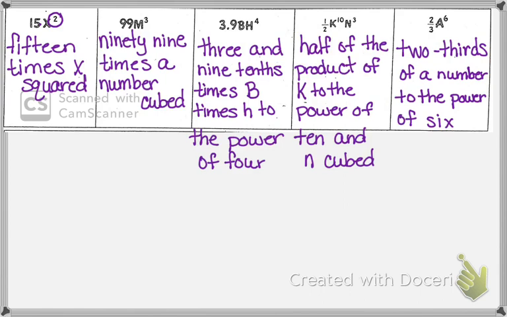And the next one, we have half of the product. Remember, product means multiplication. So we are multiplying a half times k to the 10th. So a half of the product of k to the power of 10 and n cubed, or we could say a number cubed. And on the last one, we have 2/3 of a number, which happens to be a, to the power of 6.